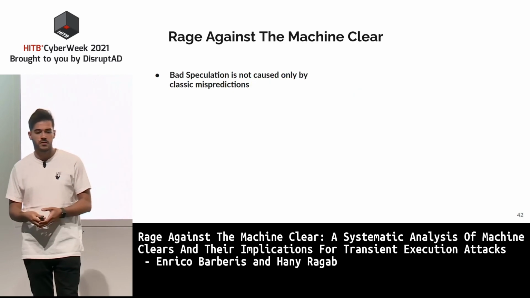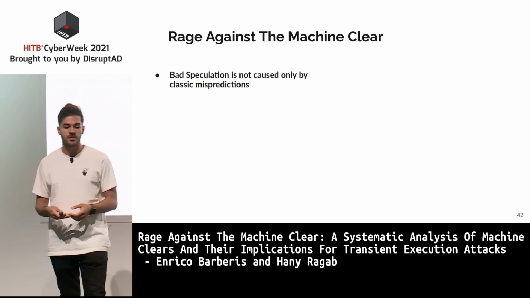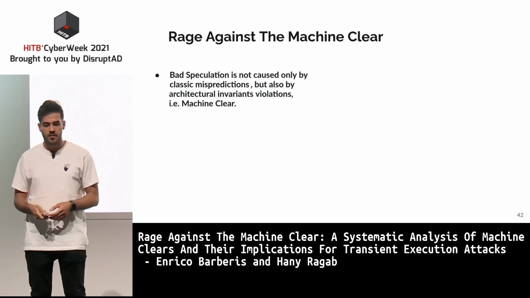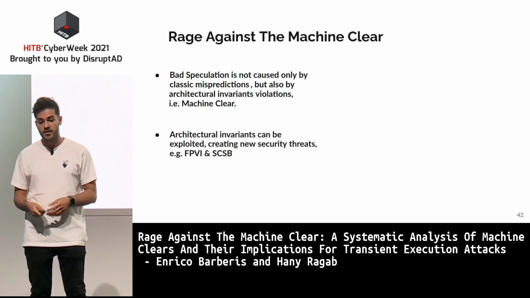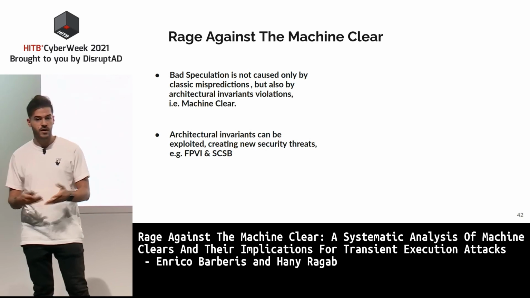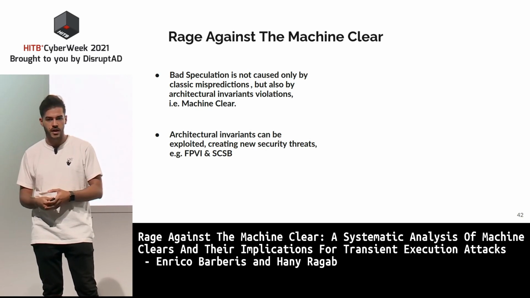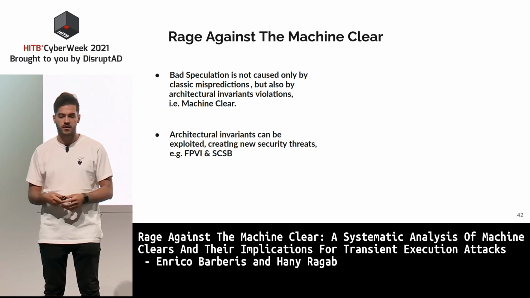To conclude, bad speculation is not caused only by classic mispredictions, but also by architectural invariance violations, like the different types of machine clear that we presented today. These architectural invariants can be exploited, creating new security threats like floating point value injection and speculative code store bypass.